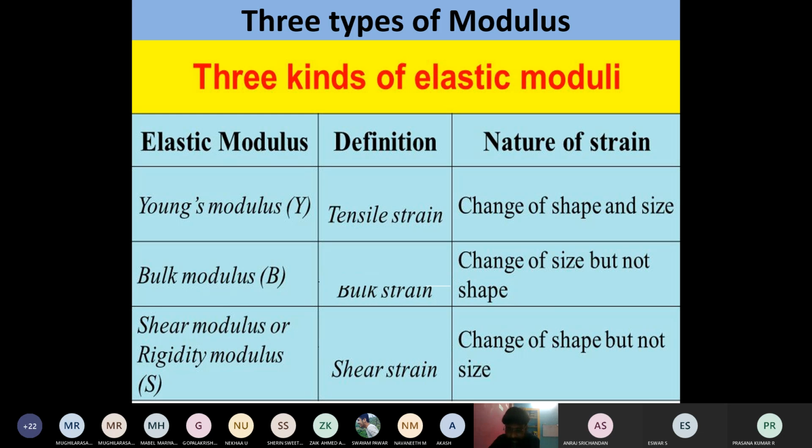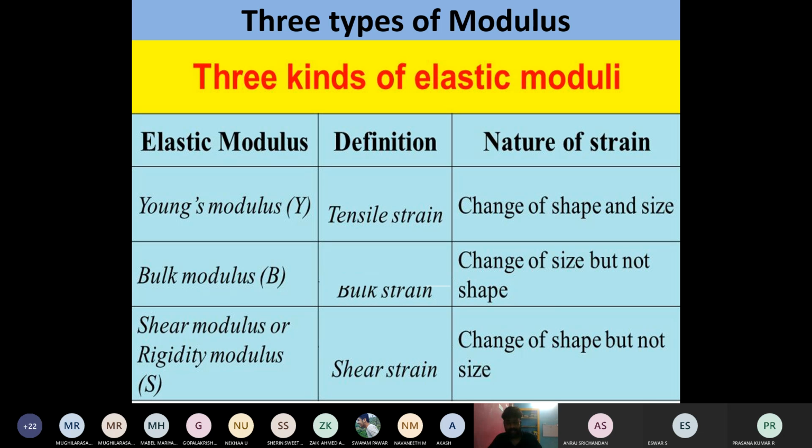In bulk modulus, the change is in size but not in shape. Size only changes but not its shape. For the rigidity modulus, the change is in shape but not size. So size remains unchanged, but the shape will change.